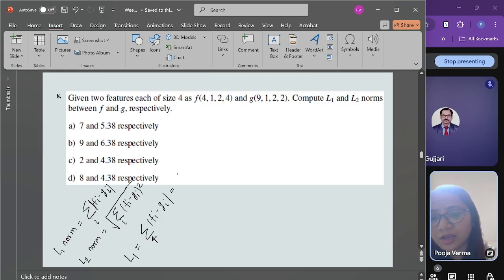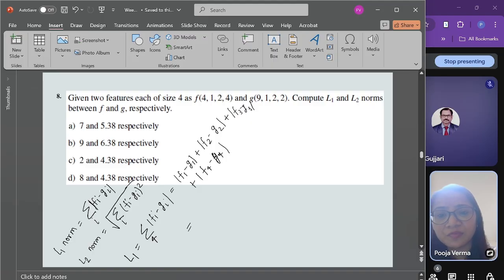So we can write |F1 minus G1| plus |F2 minus G2| plus |F3 minus G3| plus |F4 minus G4|, a summation of all the absolute differences.